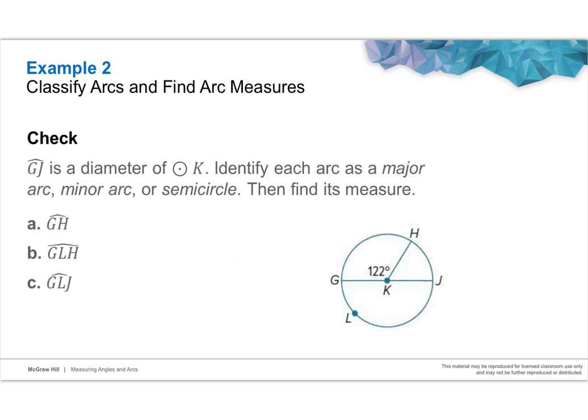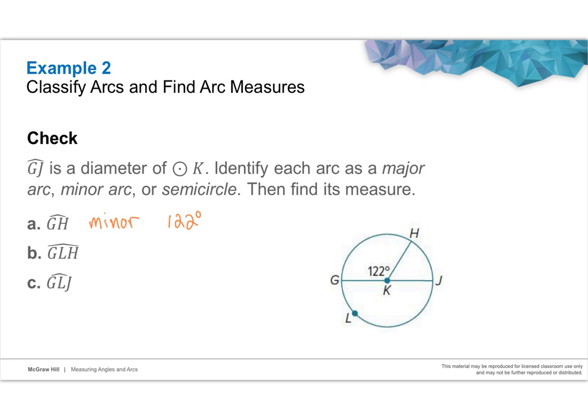In our check after example 2, we are trying to classify and find the measure of each one of these arcs. We can see arc GH is minor, less than a semicircle. And we already have the central angle measure given to us, which is equal to the measure of the arc. So we have 122 degrees.